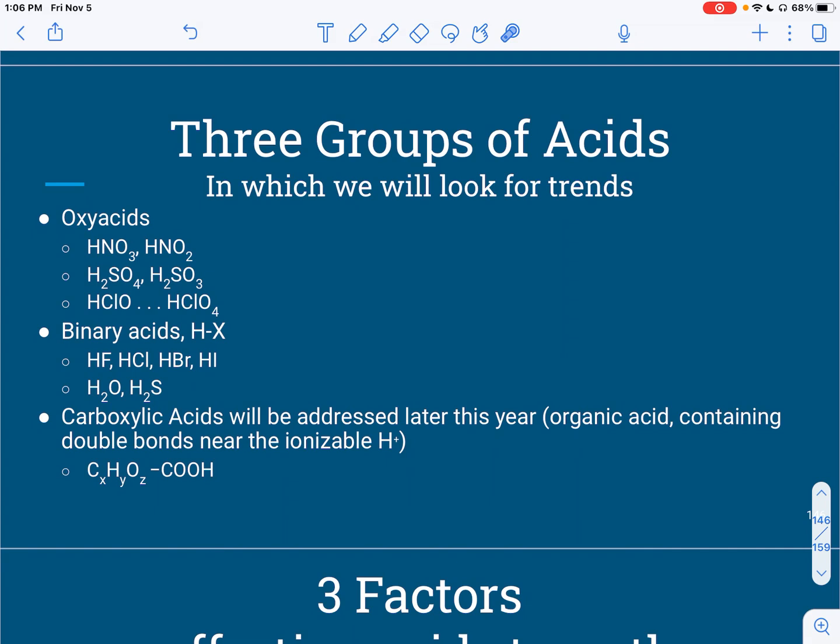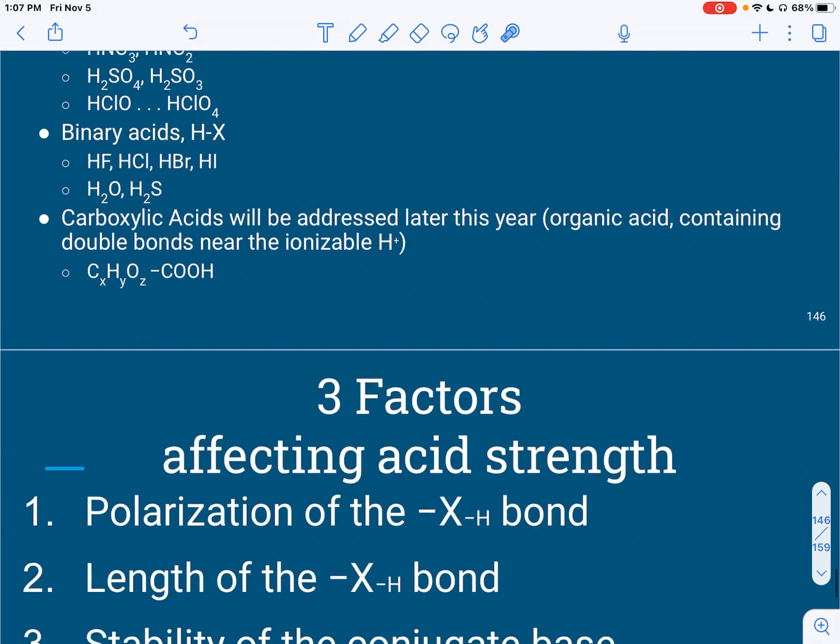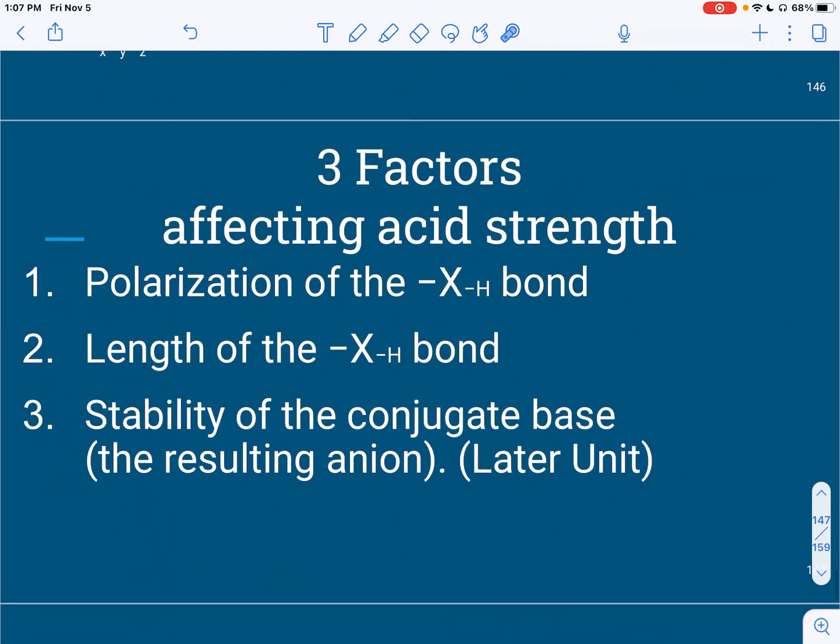Carboxylic acids are organic acids, and they always have this thing at the end, the COOH. We'll talk more about those later on. The three factors that we're going to look at are polarization of the bond, length of the bond, and then stability of the conjugate base, which we'll do later.